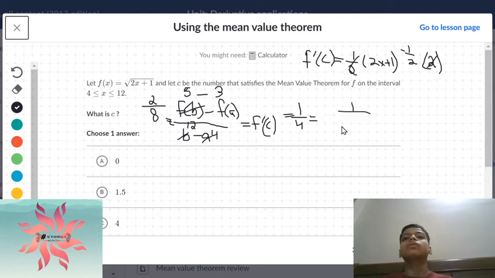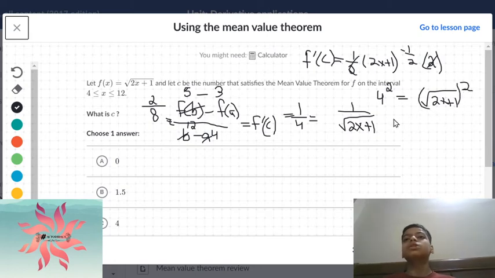1 over the square root of 2x plus 1. So this will be 4 is equal to the square root of 2x plus 1. Square both sides. This will be 4 squared is equal to the square root of 2x plus 1 to the squared power.